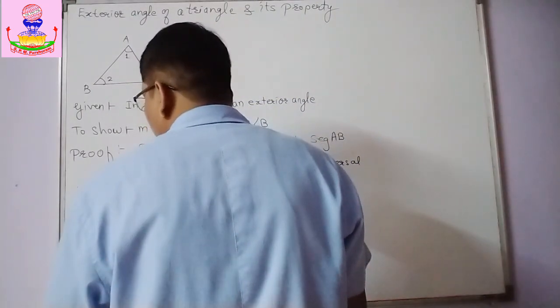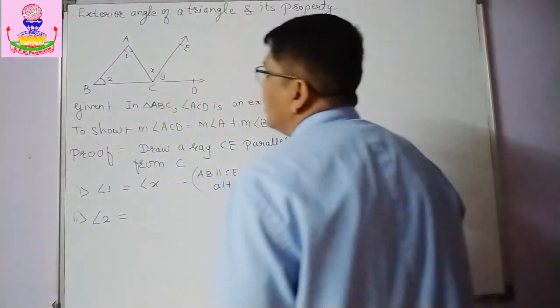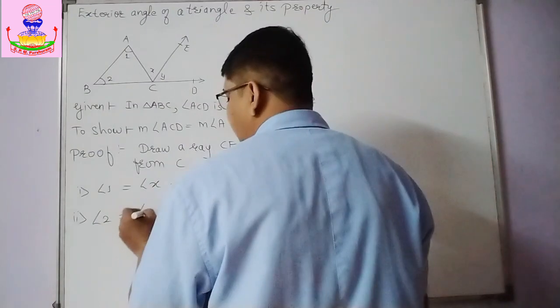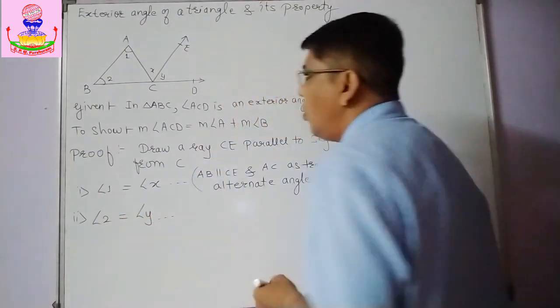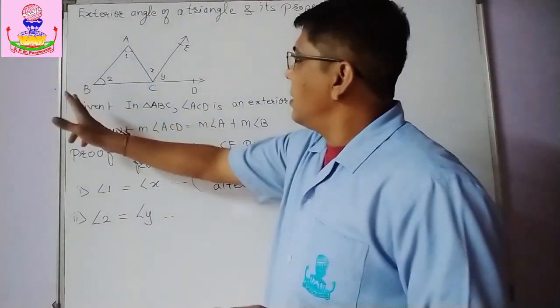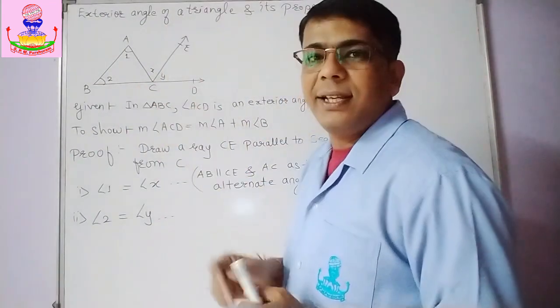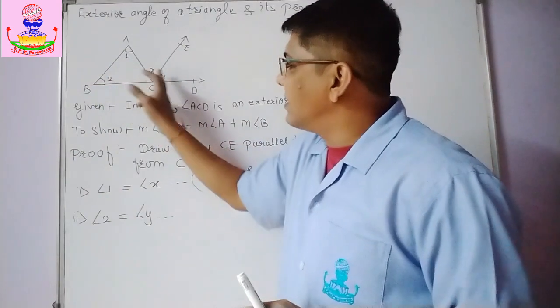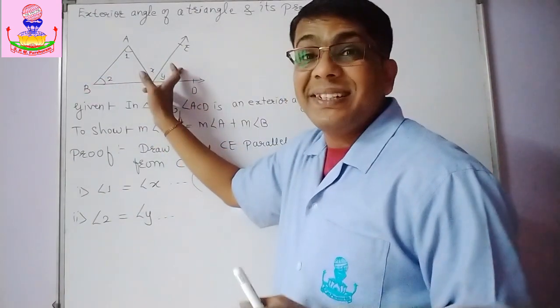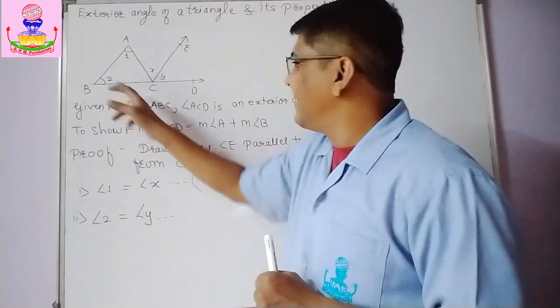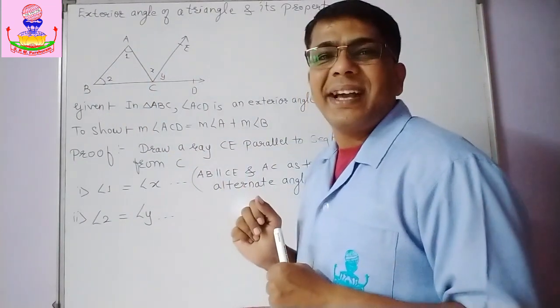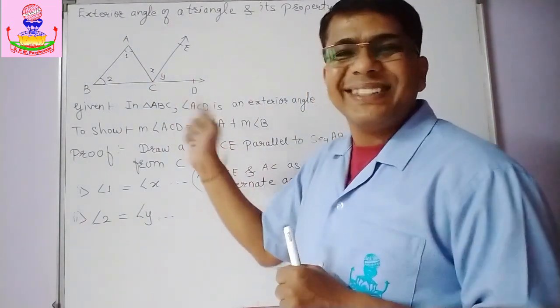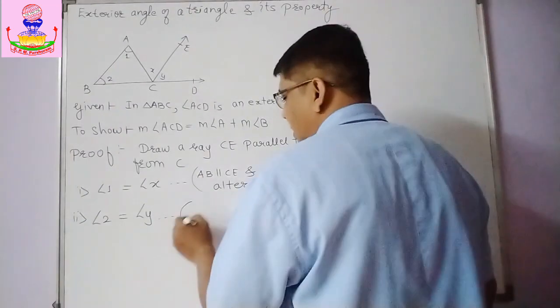Then similarly, angle 2 is equal to angle Y. Now how? See here, AB parallel to CE and BD as the transversal. So what type of angles they are? They are corresponding angles. Exactly, they are corresponding angles, and so they are congruent, right?